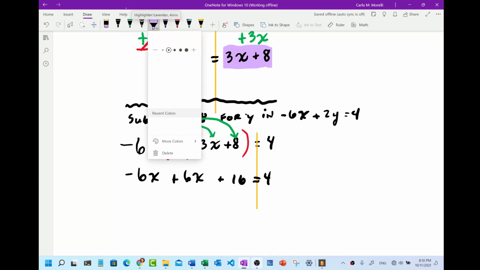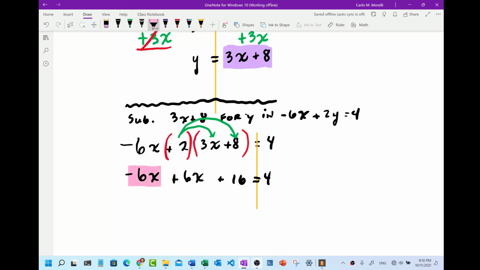Well, I noticed something here. I've got a negative 6x and a positive 6x, so those are going to cancel out with one another. And now I've got this truth claim, 16 equals 4. Okay, and this is what we call a false equivalence.